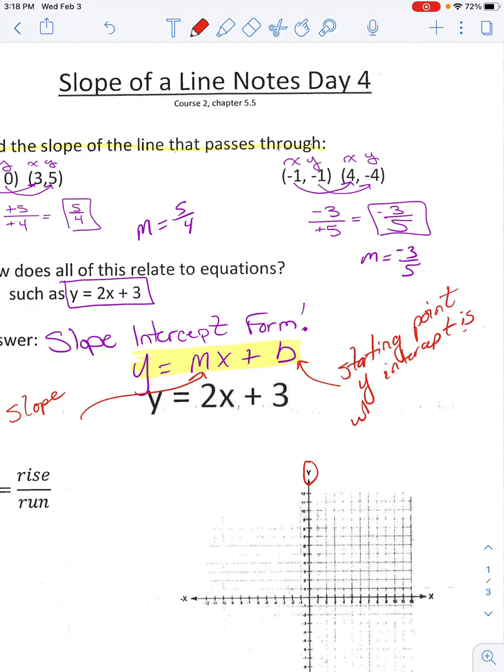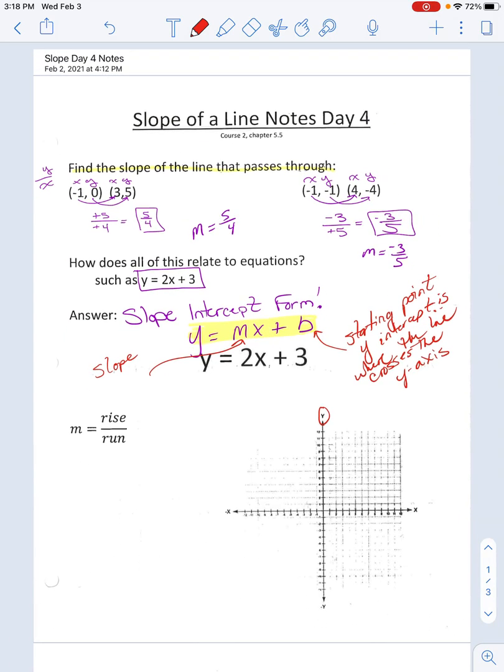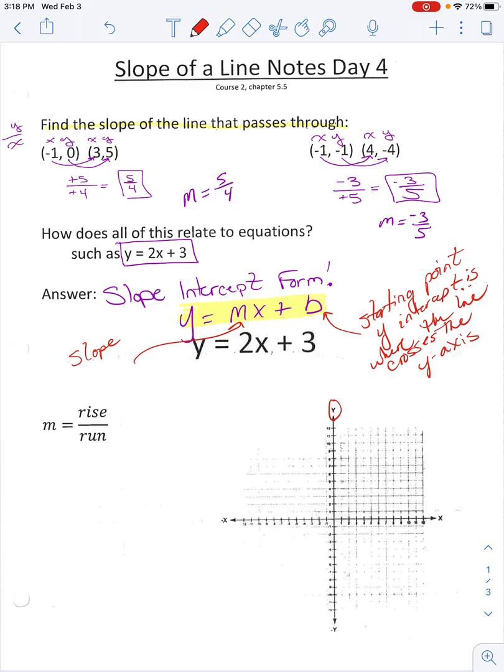Y-intercept is where the line crosses the y-axis. Okay, so as soon as you are given an equation like this, and it gives you your m, your slope, and it gives you your b, your y-intercept, you can now draw your line.